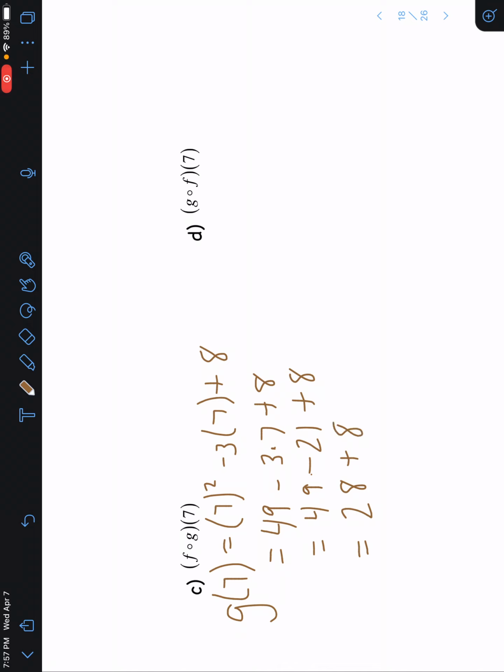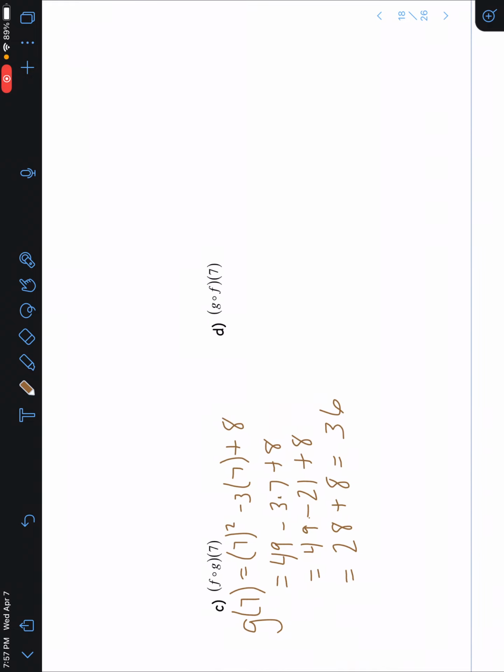And 28 plus 8 is 36. Now, let me explain what this 36 is. This 36 is not the answer to the problem. The 36 will now be my input into function f. So we're going to now do f of 36.